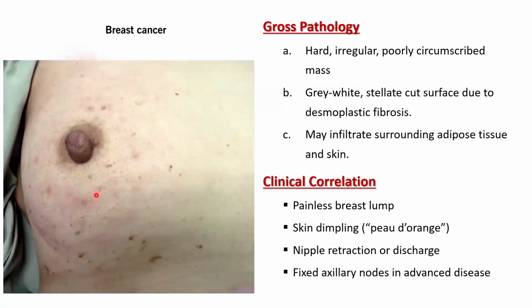And this is what we're calling skin dimpling. As you can see, skin dimpling is present. So the mass is here, the tumor is here, and then you can appreciate there is abnormal reddening of this tissue. But of course, around this, you can appreciate there is abnormal darkening that is happening. And it's actually painless.